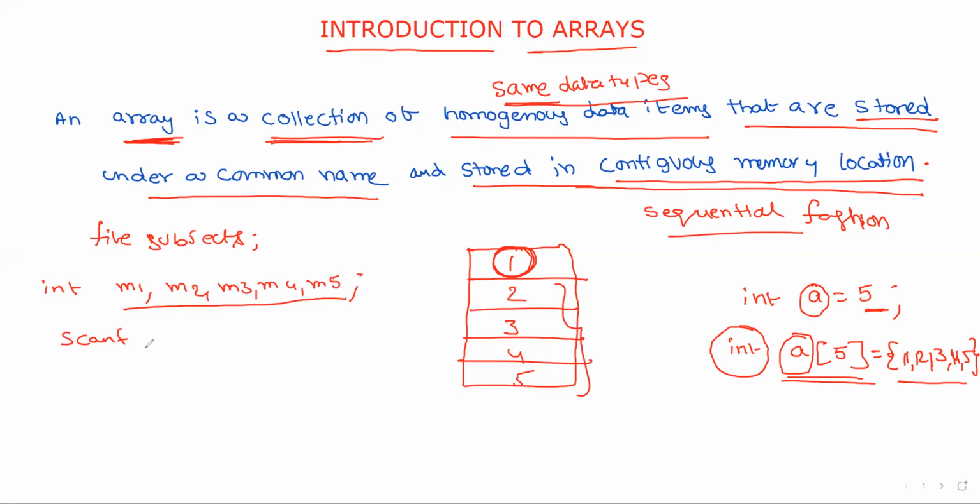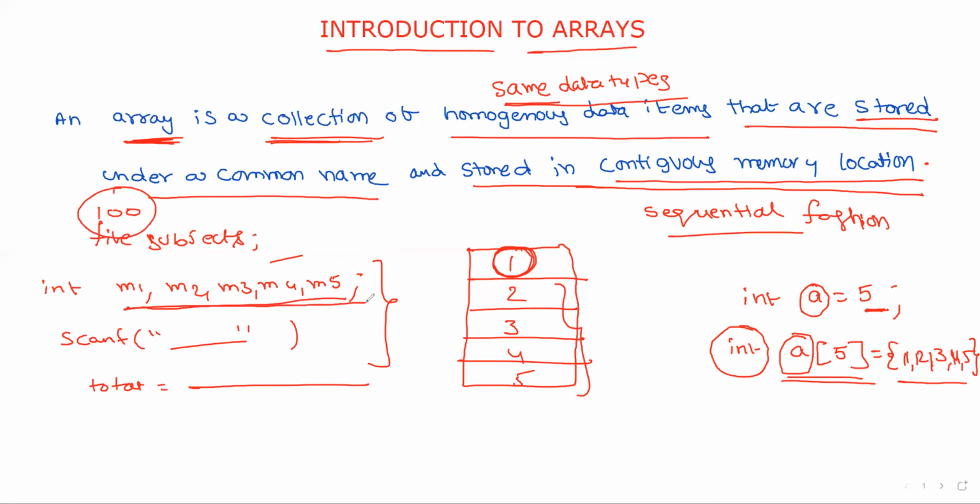By using the scanf statement, you have to read all the 5 variables. Suppose if you want to perform some total, you add all the 5 variables. So this is very complicated. Instead of that, if you want to perform addition between 100 subjects, in this case, you need 100 variables. This is the most complicated thing.